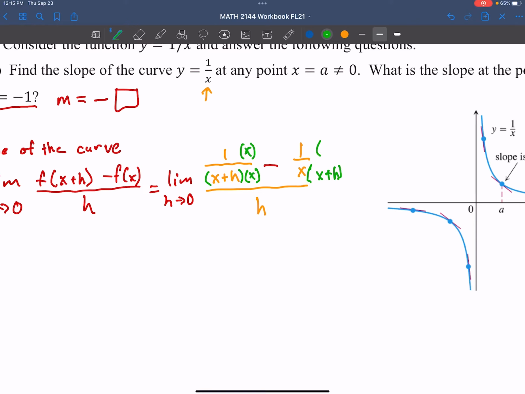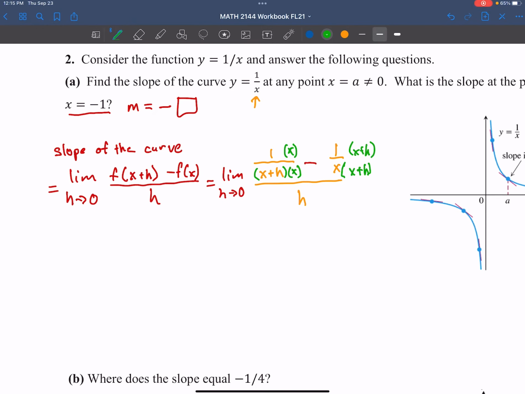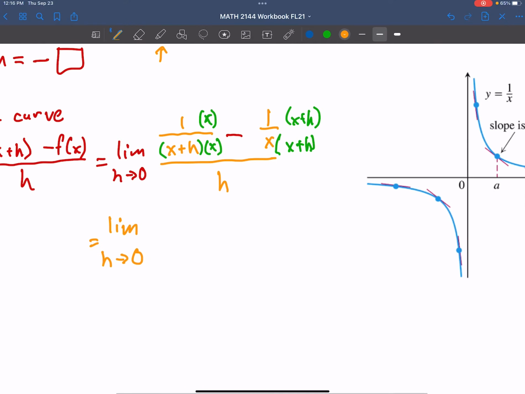This second fraction I have to multiply by x plus h. Okay, so now we have the limit as h goes to 0 of x minus x plus h over x plus h times x, all of that over h.